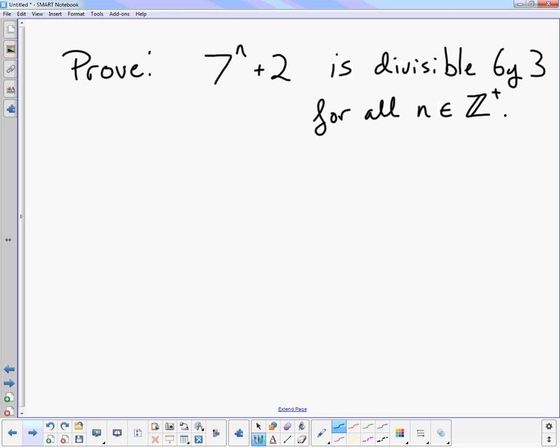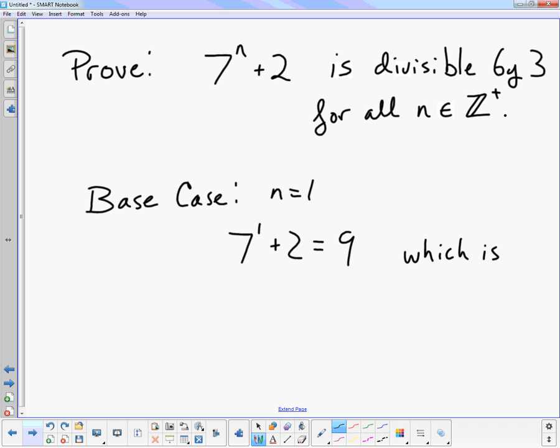So let's convince ourselves for a second that it's true. If n is 1, is it true? So the base case holds.